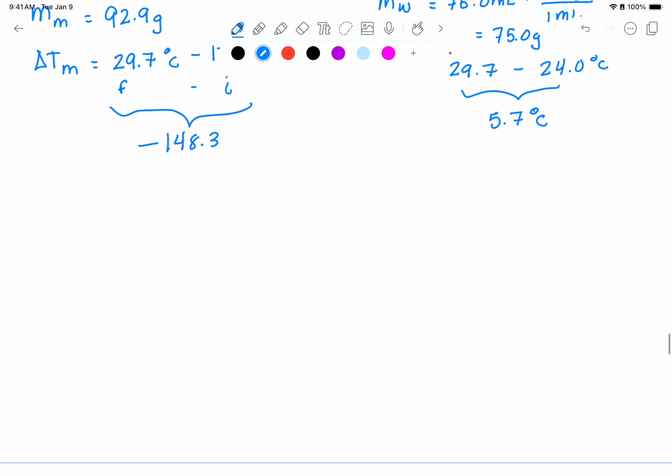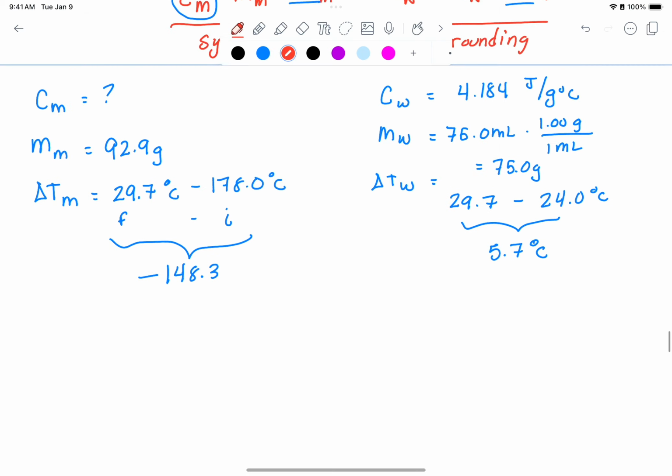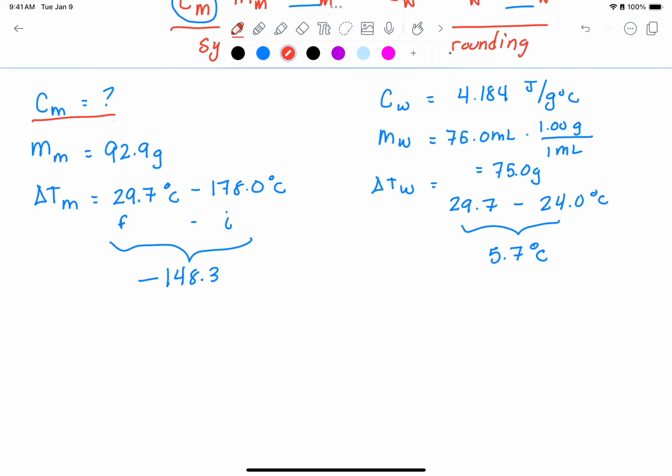Okay, so let's solve this. We know 5 of our variables, we're just solving for our 6th.